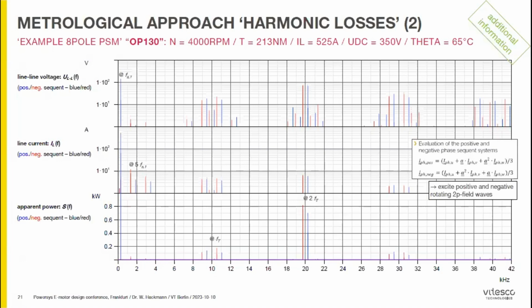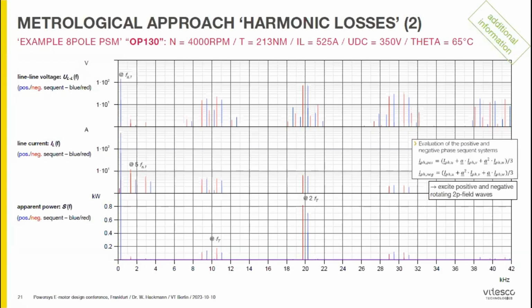And then you see you have always a pair of harmonics with negative phase sequence and with positive phase sequence. And these excite positive and negative rotating 2p field waves. And this is, I think, the starting point of the analysis of the losses for the harmonics.